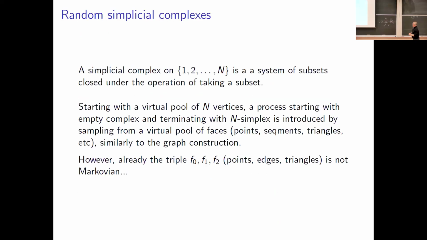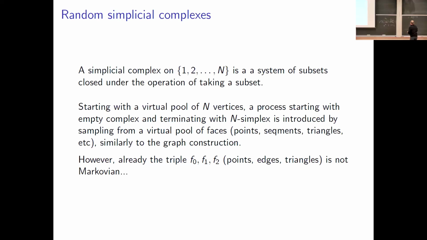And now I wish to finish with a problem which Michael Farber posed. The problem is not constructing a graph, but constructing a random simplicial complex. As said, Michael Farber is a topologist, and when he speaks about something random, he means every time something uniformly random. Suppose you wish to construct a simplicial complex on 1 to n; combinatorially, it's a system of subsets closed under the operation of taking a subset.